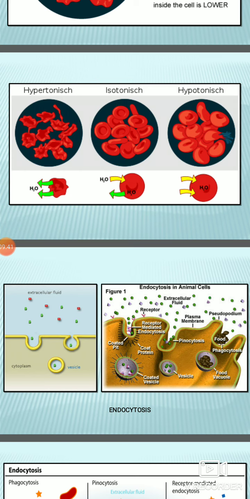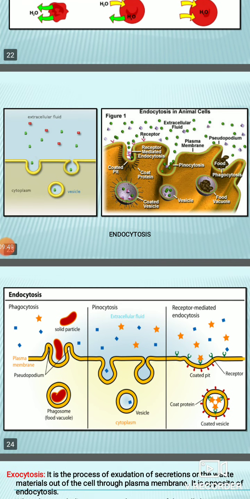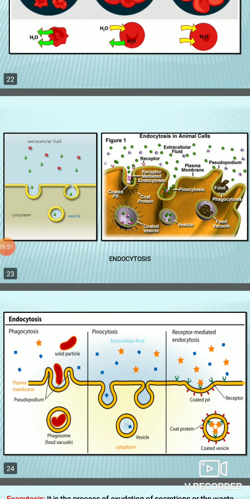Okay, so these are the different ways endocytosis takes place inside animal cells. This is another diagram showing phagocytosis, when a solid particle, which may be a food particle or any pathogen, gets engulfed inside the cell membrane, and this food vacuole is also known as a phagosome because it is formed by the process of phagocytosis.